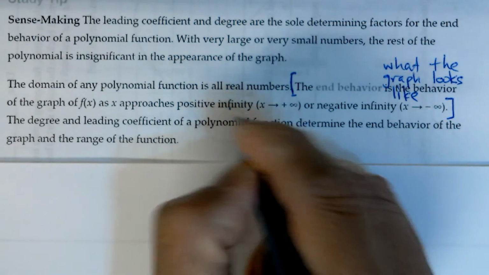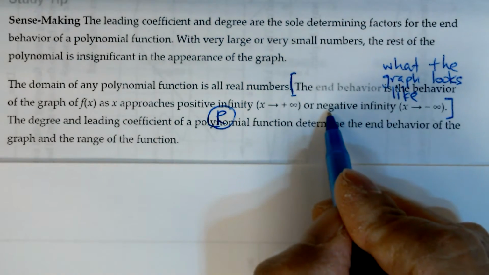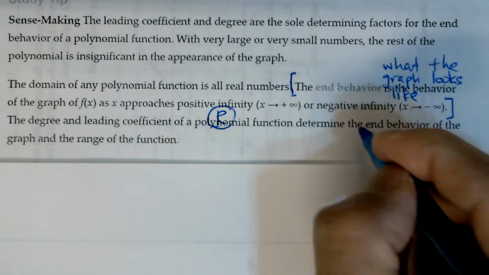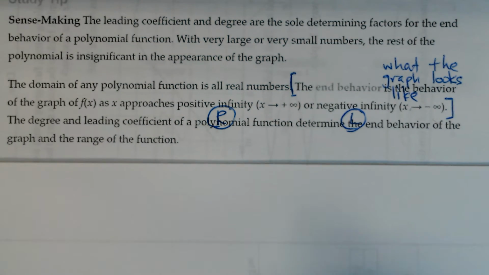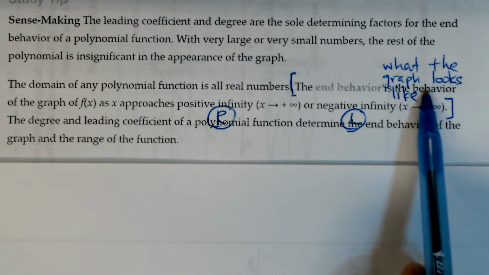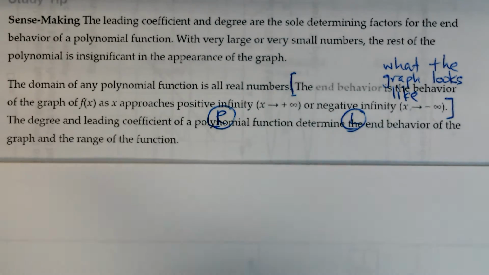That's on the right hand side, and when it says as x approaches negative infinity, that's what the graph looks like on the left hand side. So the end behavior is what the graph looks like on the right hand side and the left hand side of the graph.